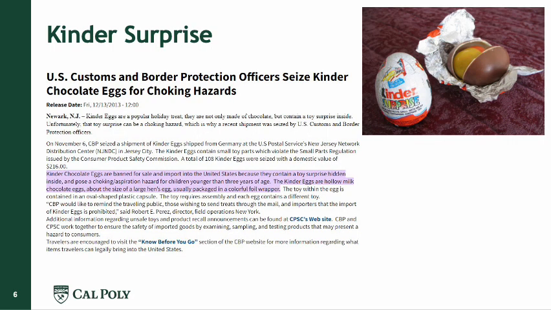These type of products are mainly consumed by kids, and if these toys have the potential to be a choking hazard, this is a hazard that the company has to consider when manufacturing these type of products.